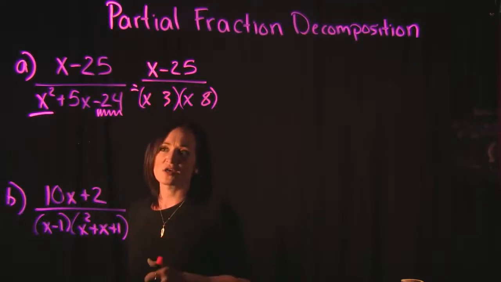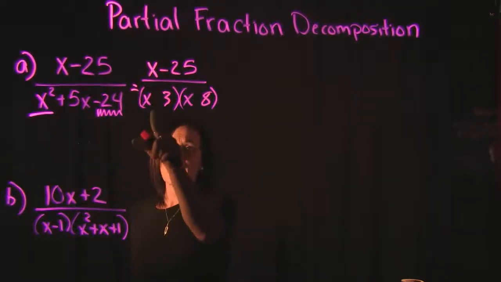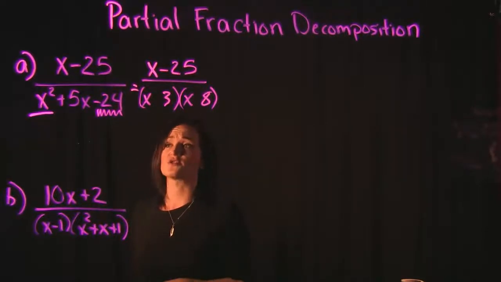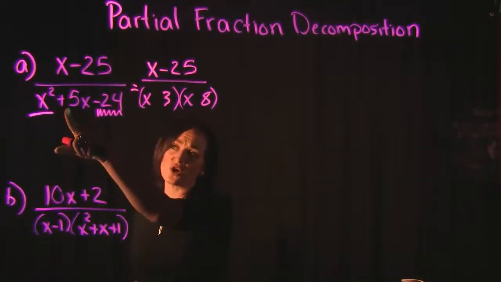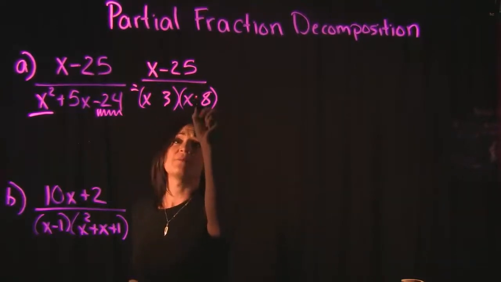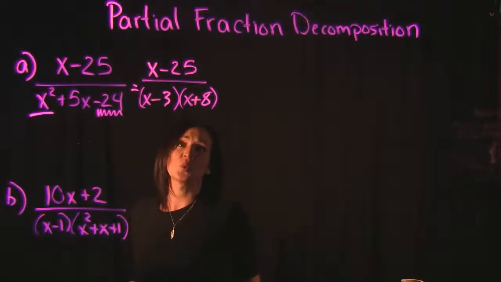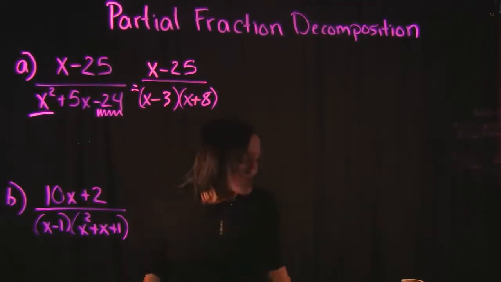Looking at our signs, if your last term is negative, that tells us we're going to have different signs for our factors. But remember that whatever sign your middle term has must go with the bigger number, which means the minus has to go with the 3.